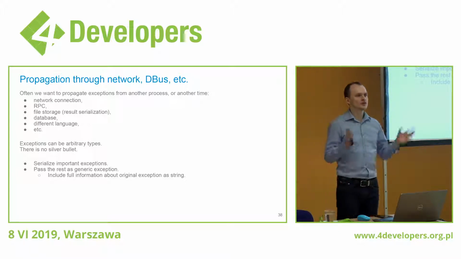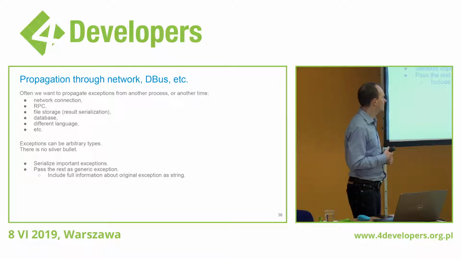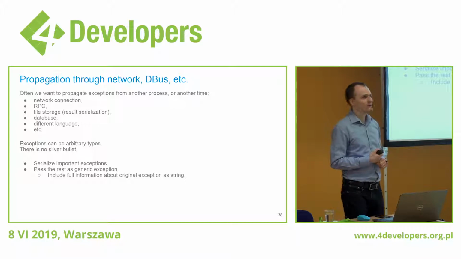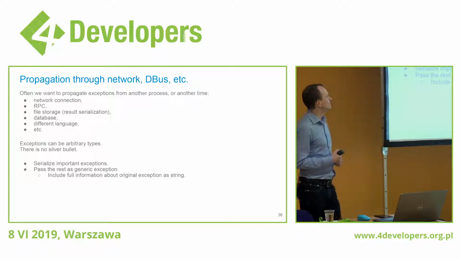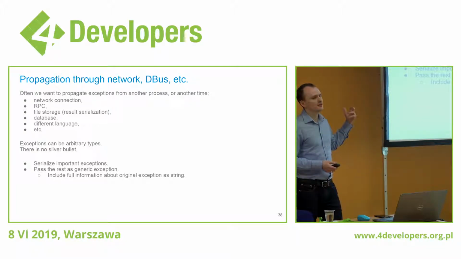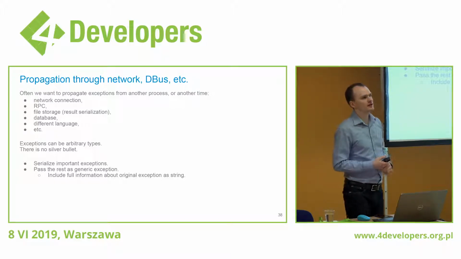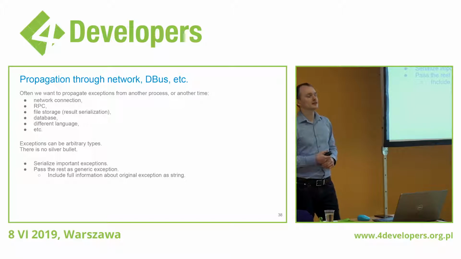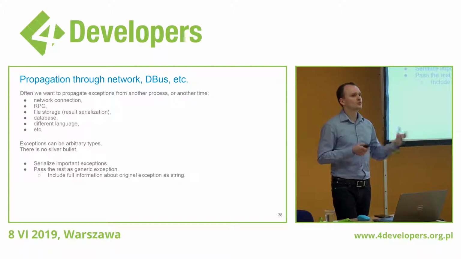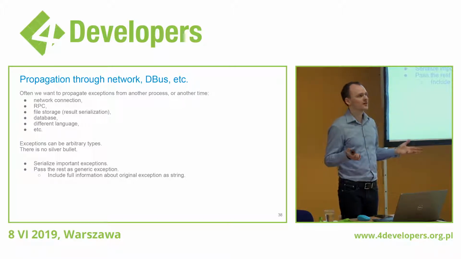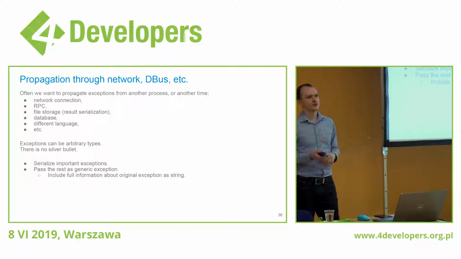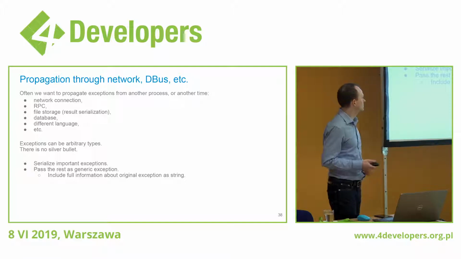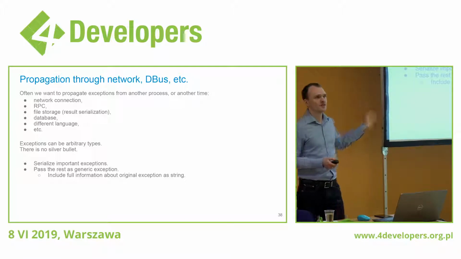It works for most cases. You can do more fancy stuff also, but strings work just fine in practice. So on the other side, you simply unserialize the exception and rethrow it. And like I said, because we don't catch exceptions most of the time, it doesn't really matter what type they are. So this really works well for most cases. It's not ideal, but it does the job.